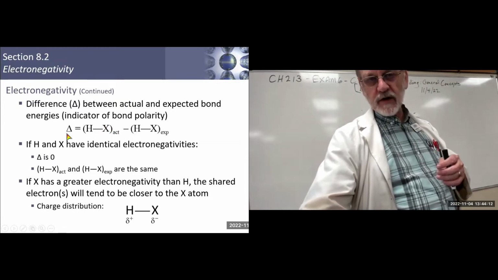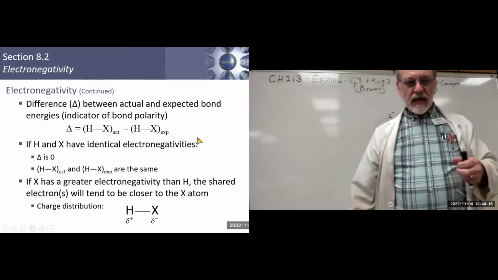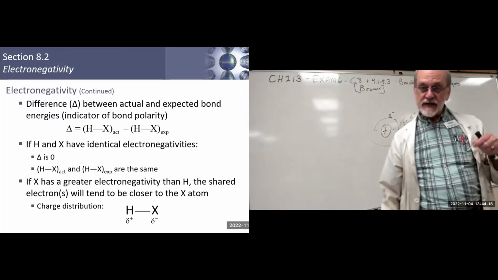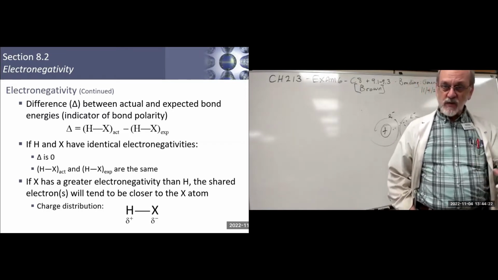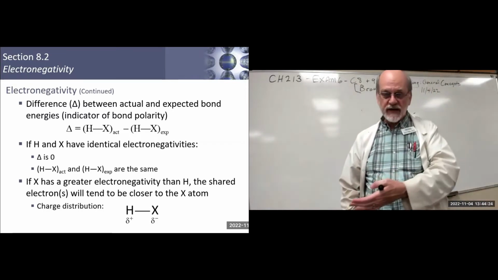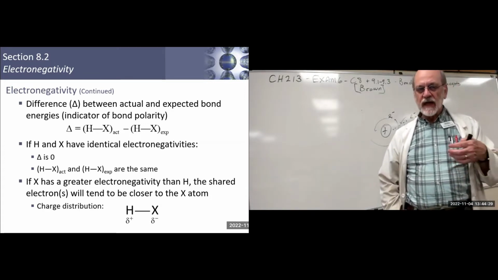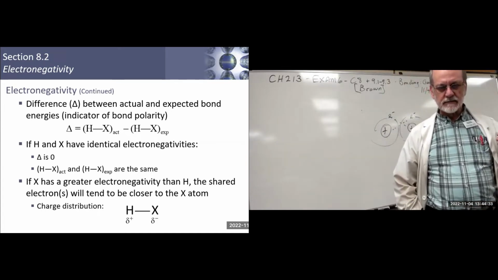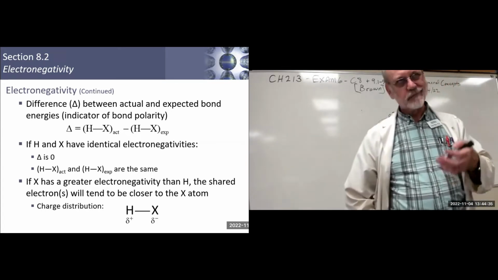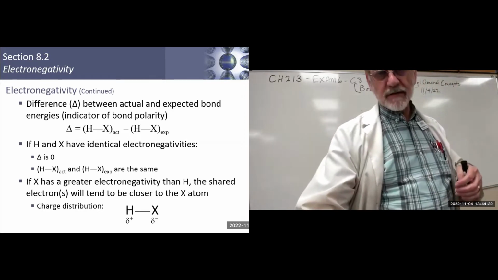And that's what we give here as the symbol delta. And if that delta is 0, that means that the expected value is equal to the measured value, and you have a non-polar situation. That's one example of the non-polar bond.